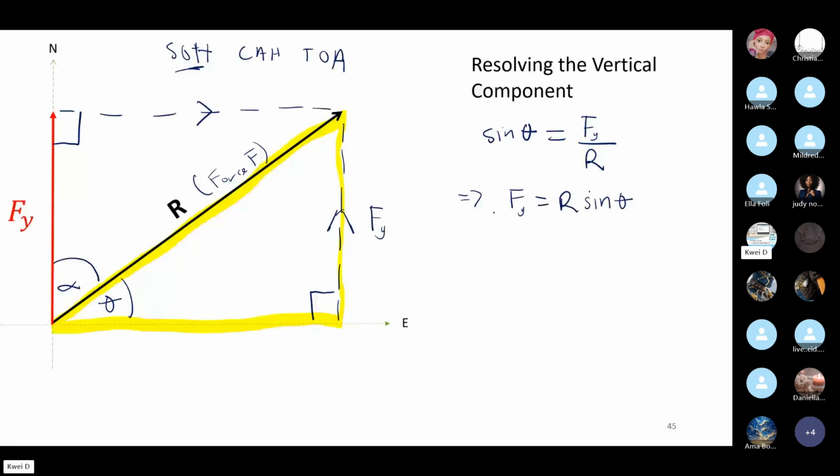Good. Okay, on the other hand, if you want to use the top right angle triangle to determine the value of Fy, then it means that you focus on the angle alpha.